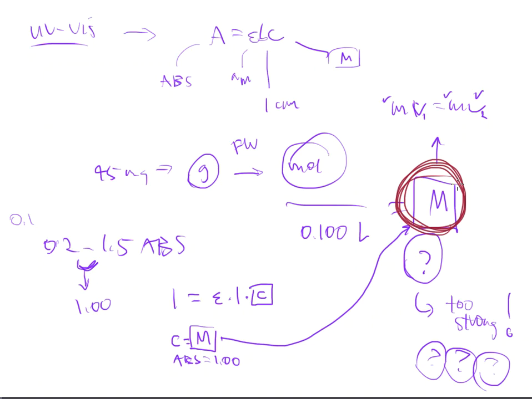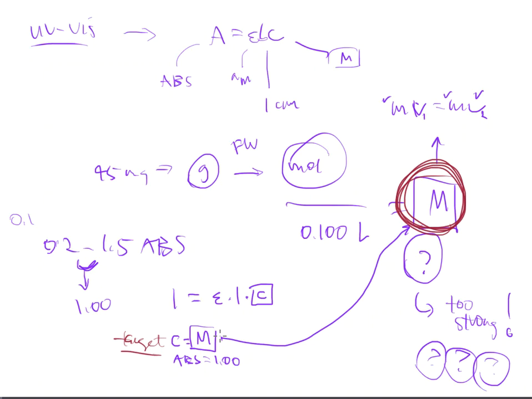I don't care. But 1 just seems nice and clean and easy to me, so I'll put 1 in there for the example. So I'm going to solve Beer's law, and I'm going to get the target concentration. That's what we call this, a target concentration that I need to make. That is going to give me a sample that runs close to a 1 absorbance in my case, because that's the number I picked, on the machine.